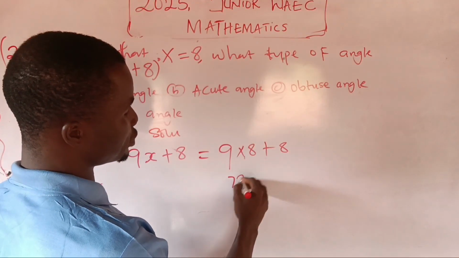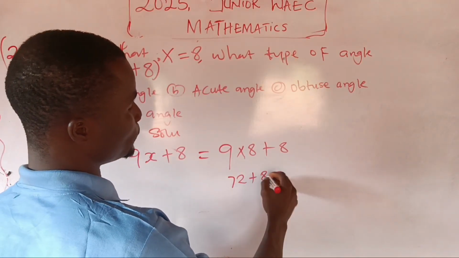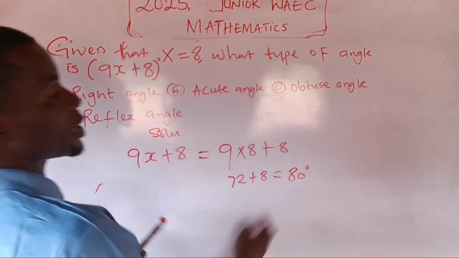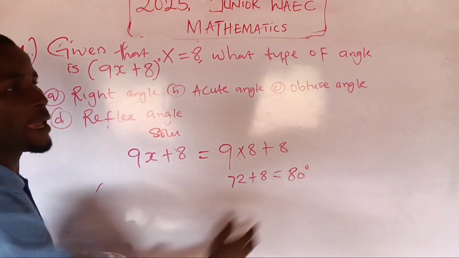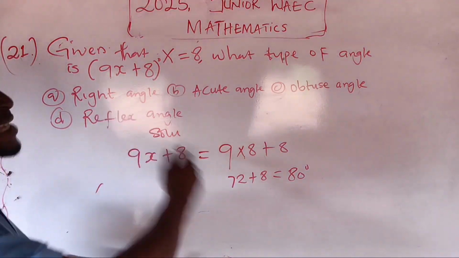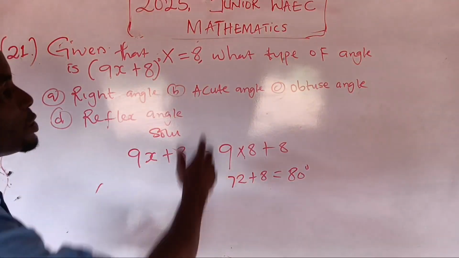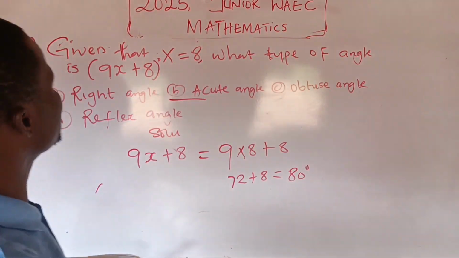That is 72. 72 plus 8 will give us what? 80 degrees. So we have 80 here. Which angle falls under 80? The first one is exactly 90, but the second one is less than 90. That means our answer is acute angle.